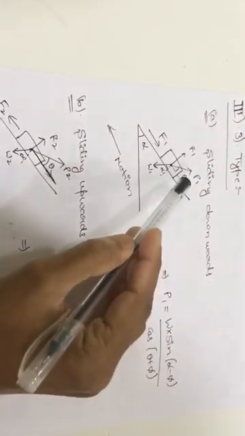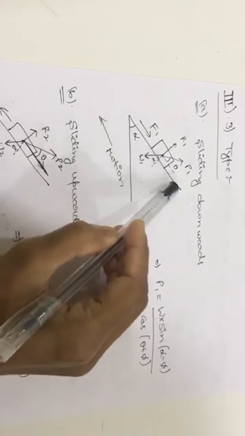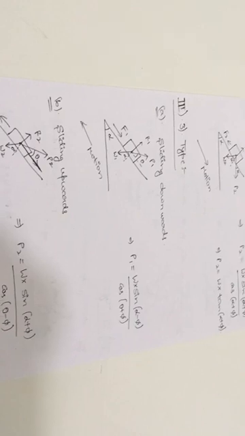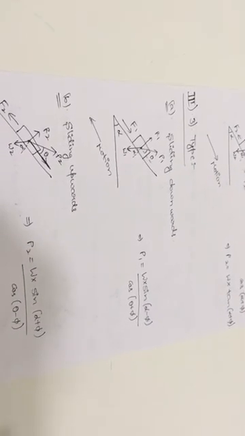Here P1 and P2 are acting with some angle to the inclined plane. These are the two formulas, P1 and P2. Now generally in any problem in the friction topic, you may get individually one of the types in these combinations.